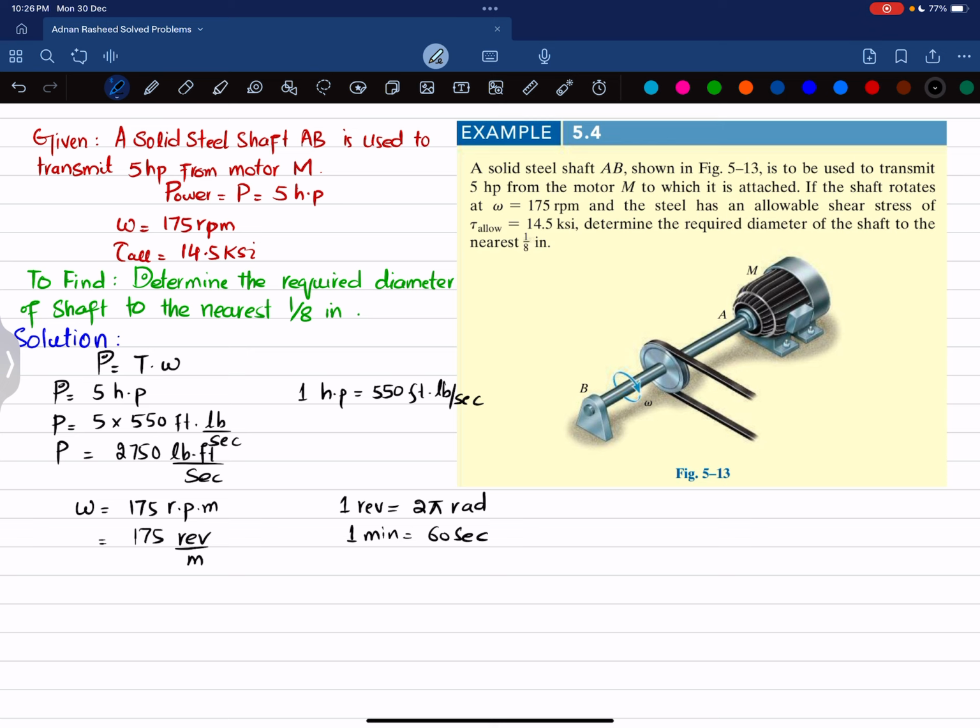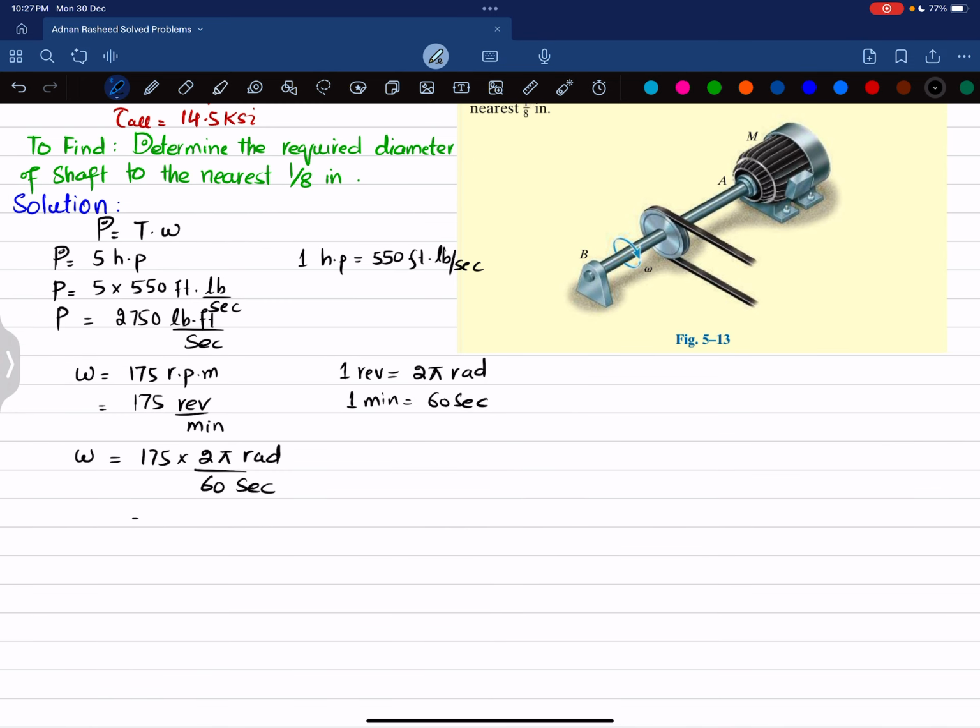So what I can write is that 175 revolutions per minute, 1 revolution is 2 pi radians, so I will multiply it with 2 pi radians and divide by 1 minute, which is 60 seconds. So I will get omega equal to this.